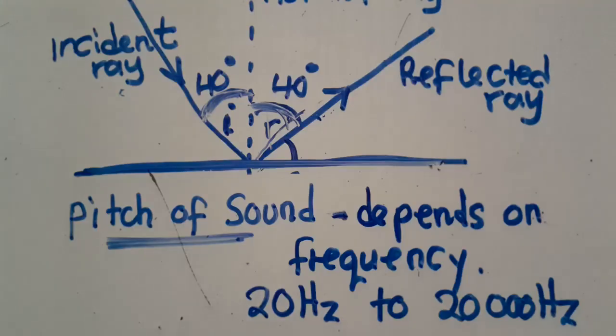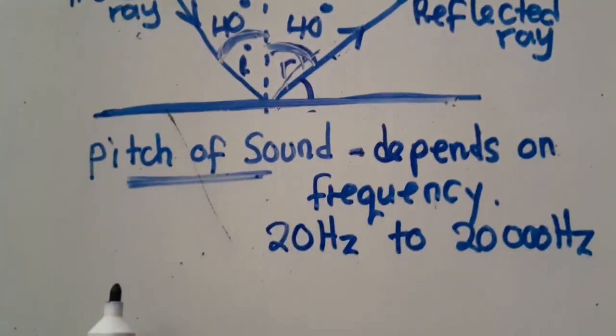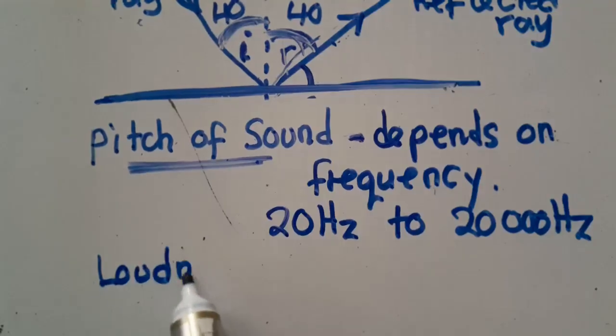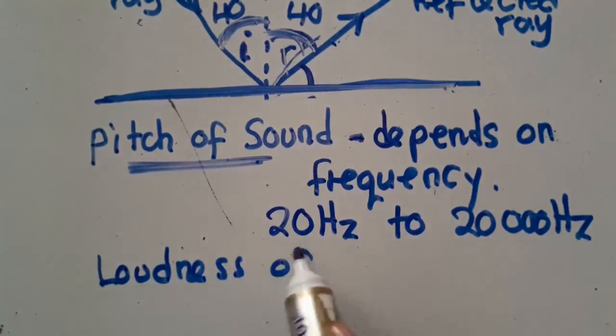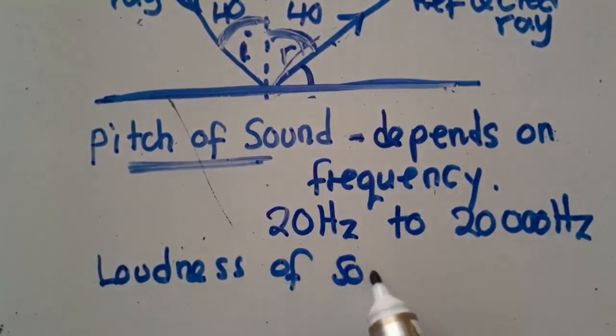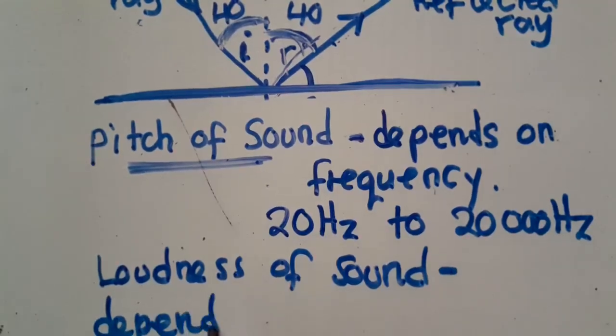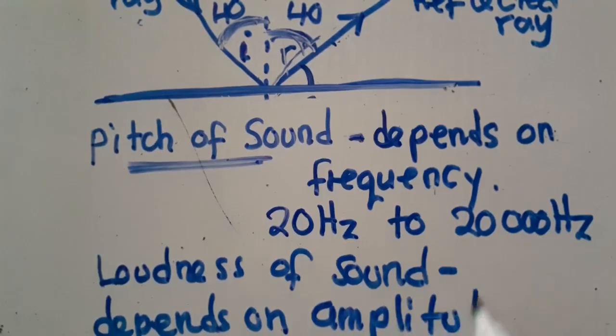Then there is also what we call loudness of sound. For sound to be loud, it depends on amplitude. The loudness of sound depends on amplitude.